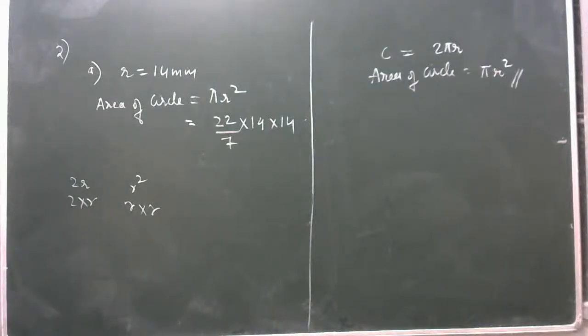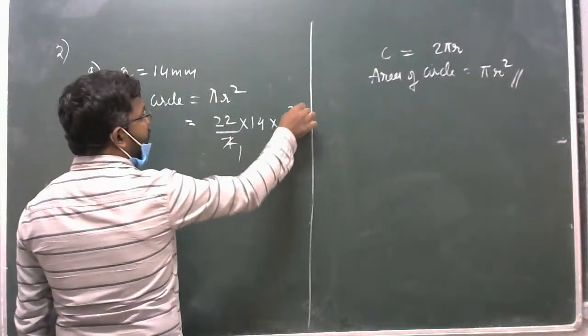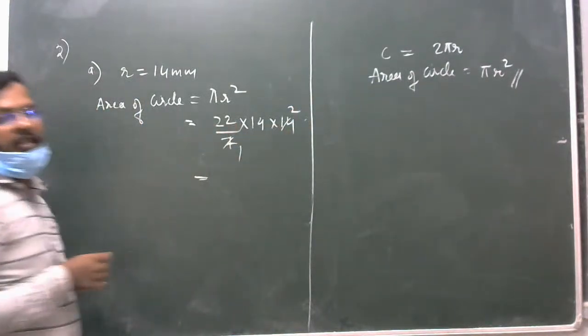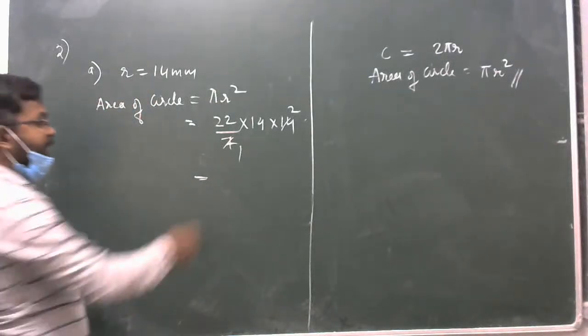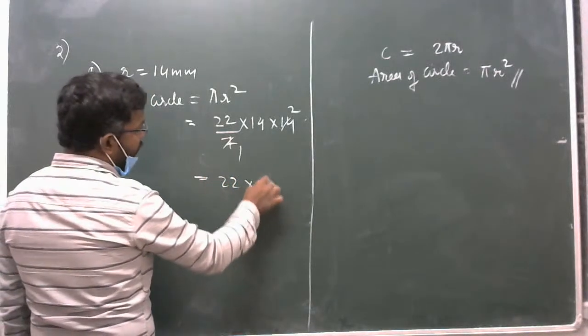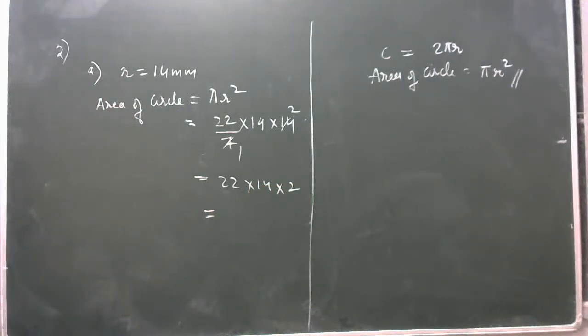Now you simplify. 7 ones are 7, 7 twos are 14. Now we cannot cancel anything because all are on the top. So multiply 22 into 14 into 2. How much will you get? 44 into 14 you will get.